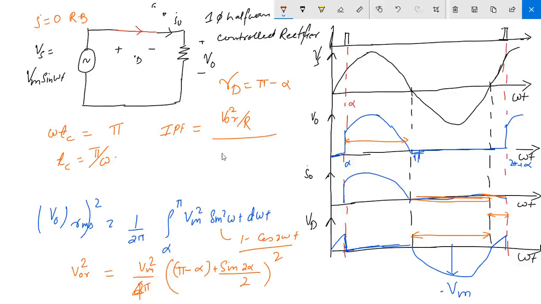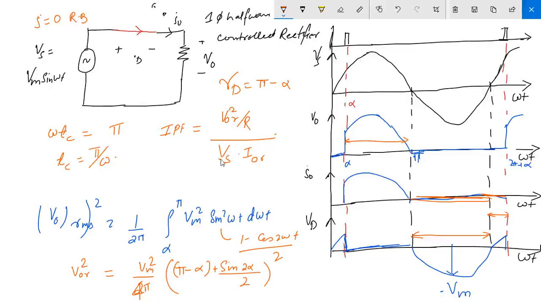Here Vo is the RMS output voltage and supply voltage is Vs. So the input power factor is Vs into Is RMS.